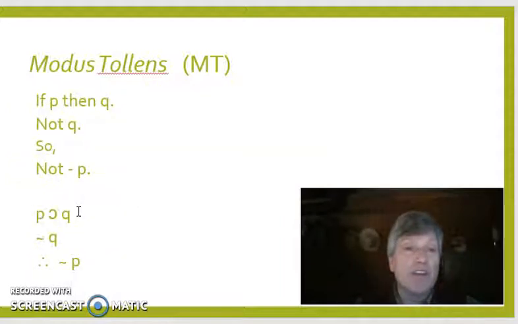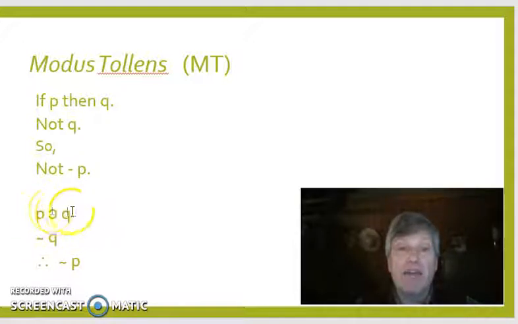This is what it looks like formally in our formal system. If you have any conditional, any statement whose main connective is the horseshoe, P could be anything. It could be something complex. Q could be anything, could be something complex.